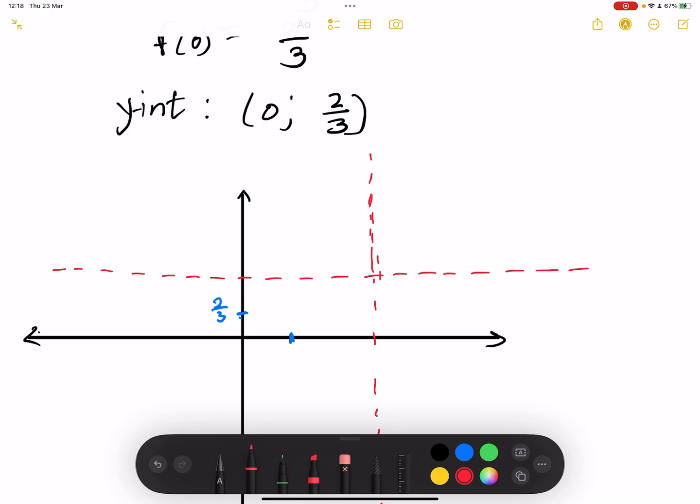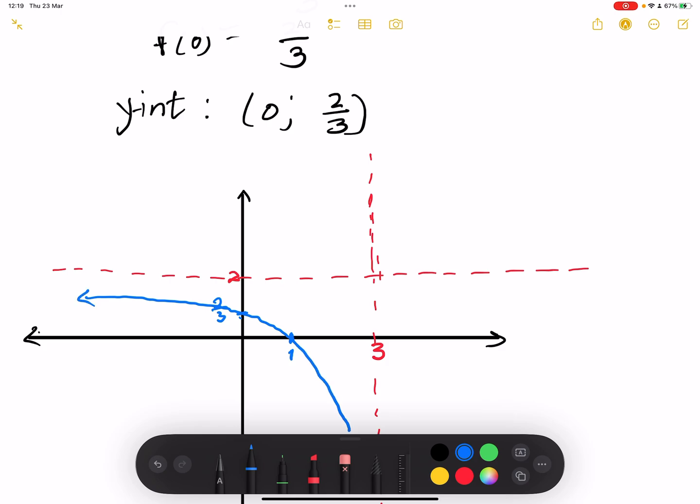This is the value y is equal to 2. This is the value x is equal to 3. So it means that our graph would cut through, this one here we said is 1, so it means our graph is going to cut through those two values.